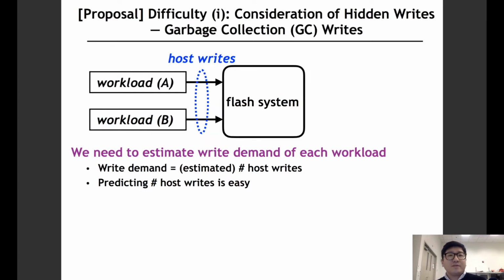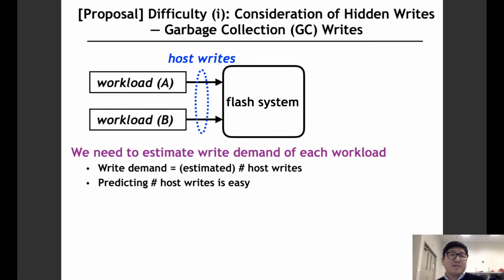To allocate writes, we need to estimate the write demand of each workload. And one obvious type of writes is the ones each workload directly issues. We call them host writes. And predicting the number of host writes is easy. For example, we can refer to write intensity in the near past.